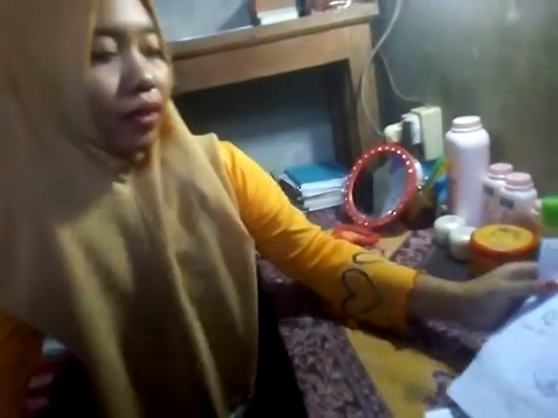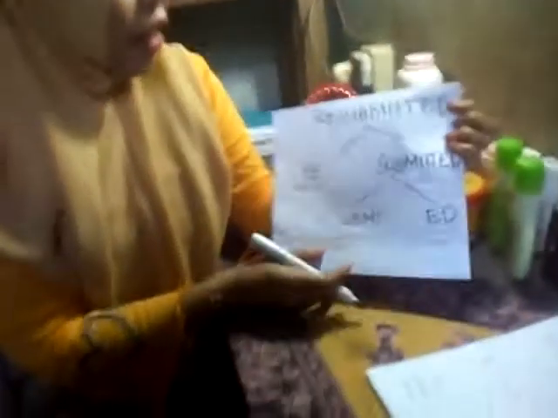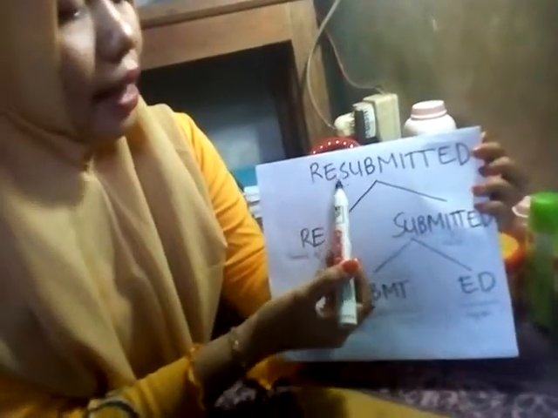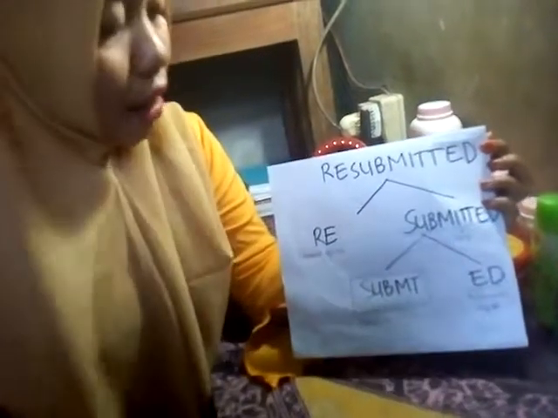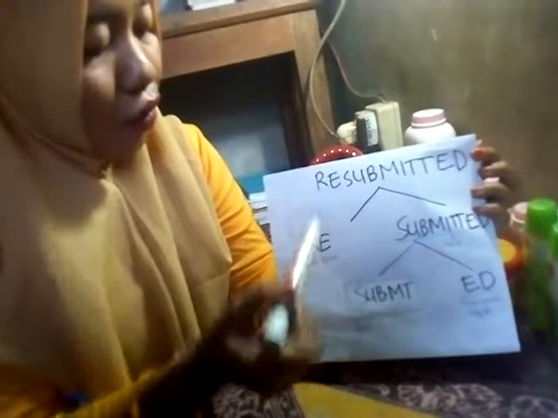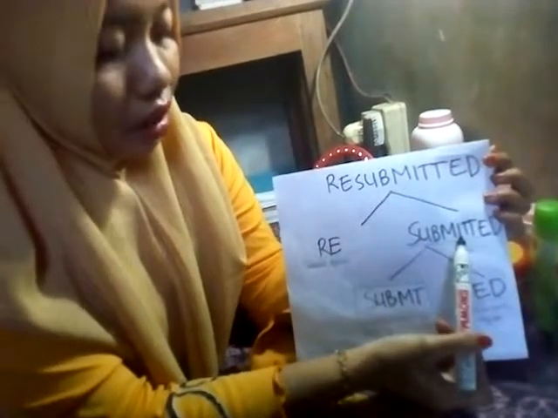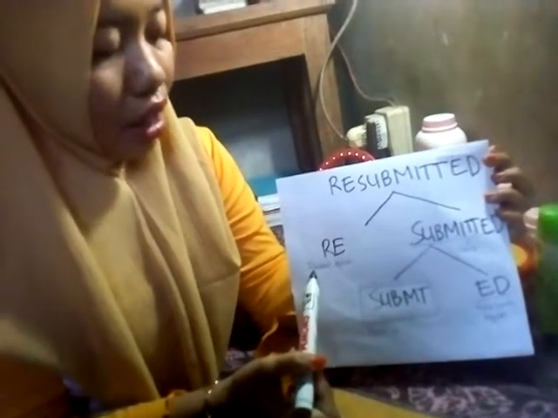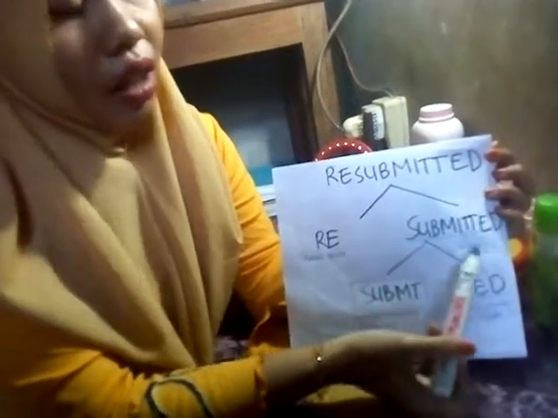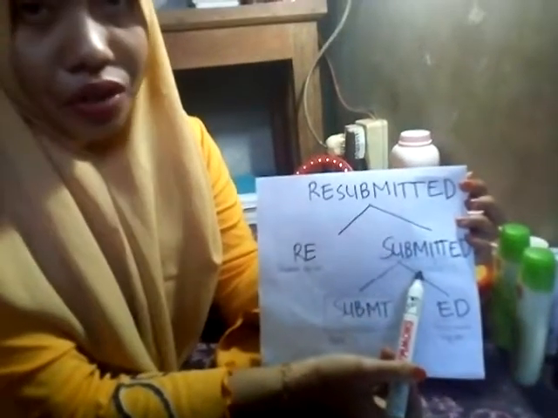Okay. Next we go to the third example. Next example, the word resubmitted. Resubmitted here can be formed from re and submitted. Re here is a derivational affix. So submitted here is a kind of base.